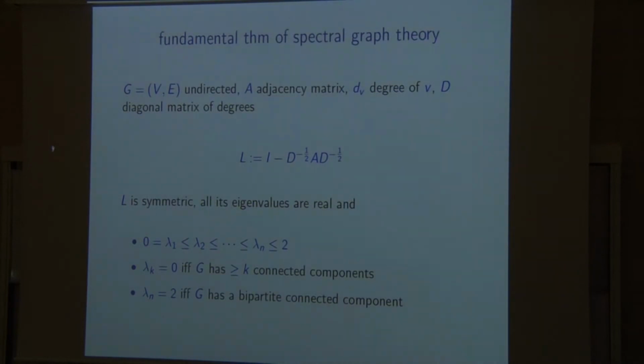And on the high end, all eigenvalues are at most 2, and 2 is not necessarily achieved, and it's achieved if and only if the graph is bipartite, or in case it's disconnected, if at least one of its connected components is bipartite. So these most basic combinatorial properties, connectivity and two-colorability, are captured by the values of these numbers.